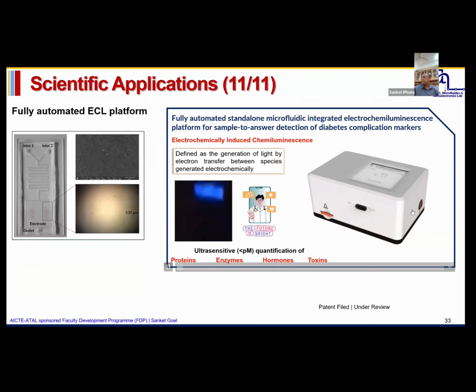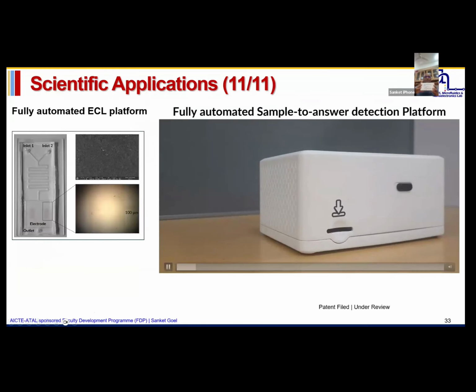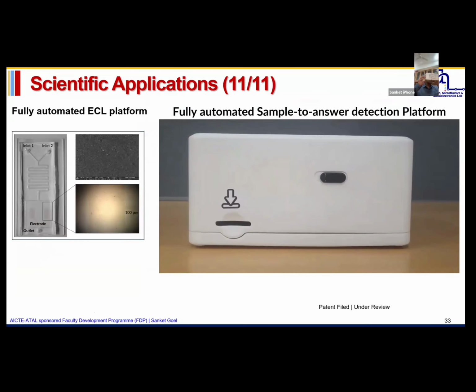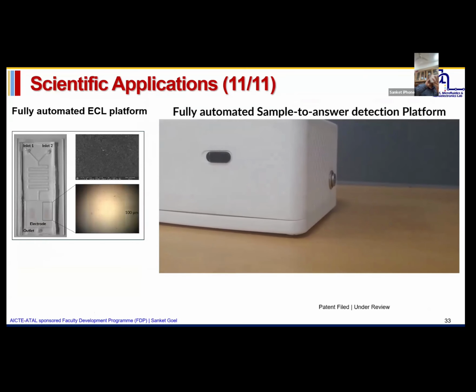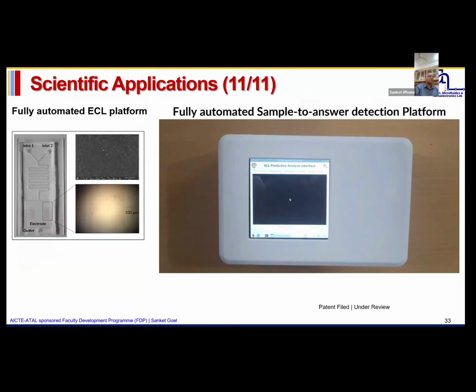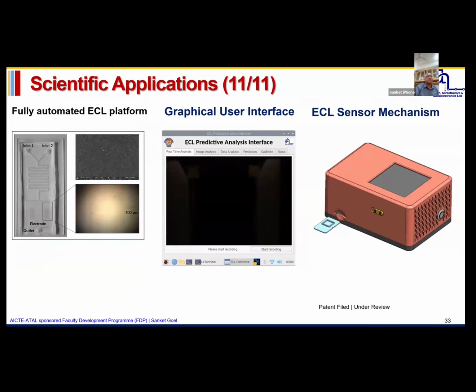And this device is in front of me. I just show it to you. I hope you all can see that. So this is the device which we have developed, and which can measure many different analytes. The entire graphical user interface has been built into the device.